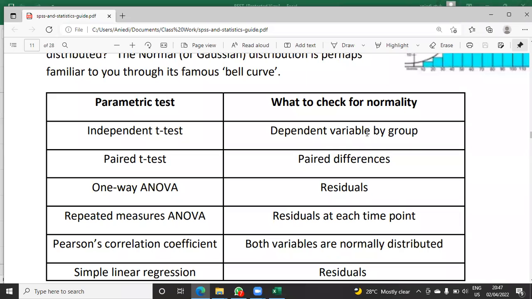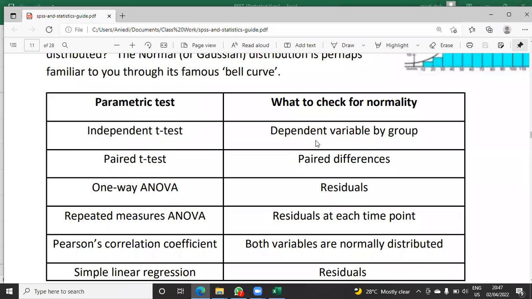So one way ANOVA can be applied on any data that has one variable. We have repeated measures ANOVA. So it is what you use in checking the abnormality. In the case of the independent t-test, it is the dependent variable by group.